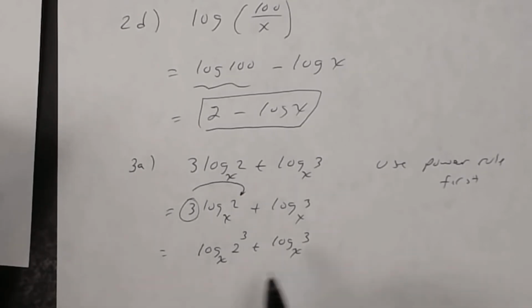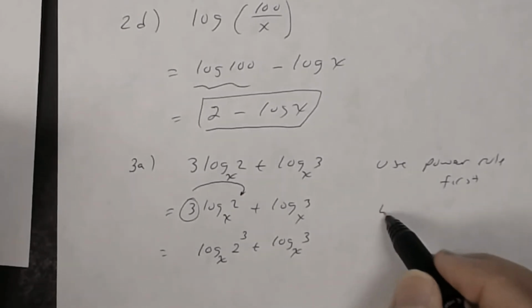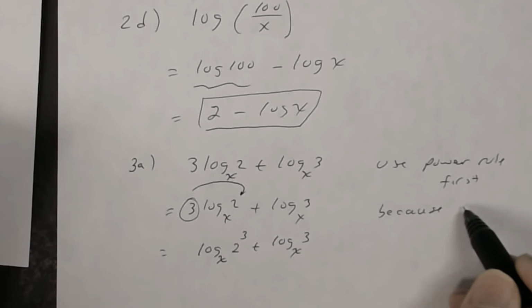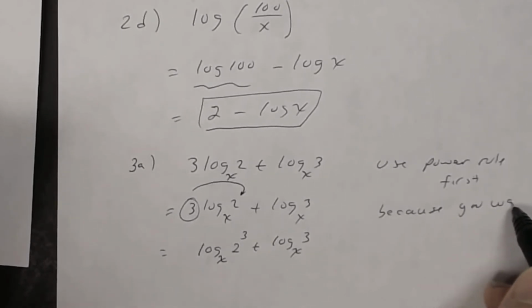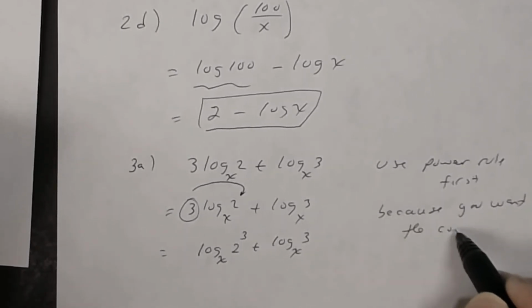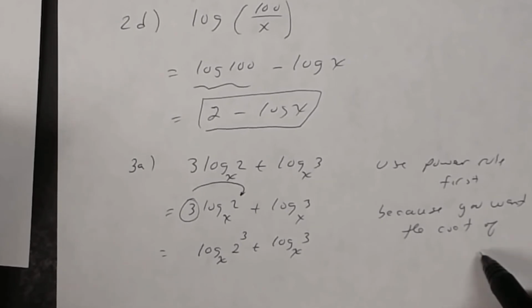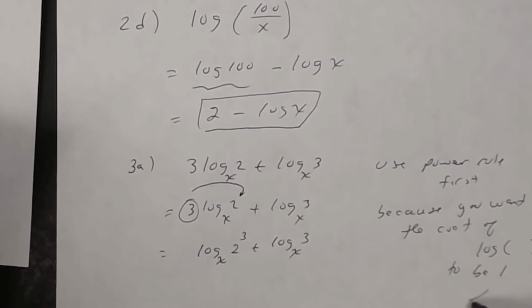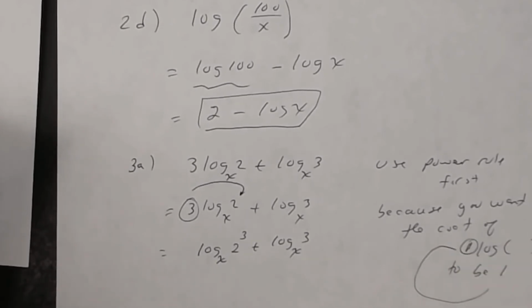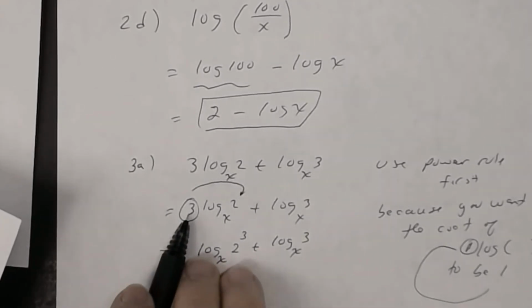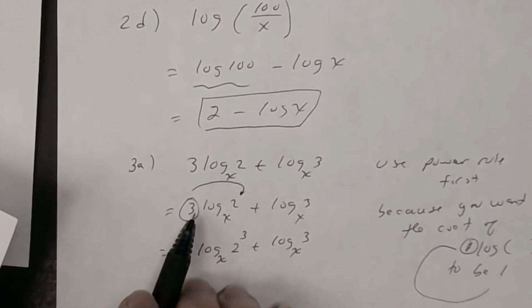Remember, you use the power rule first because you want the coefficient of the log expression to be 1. In other words, you want this right here to be a 1. That was a 3, so you had to rewrite this using one of your properties, the power rule.